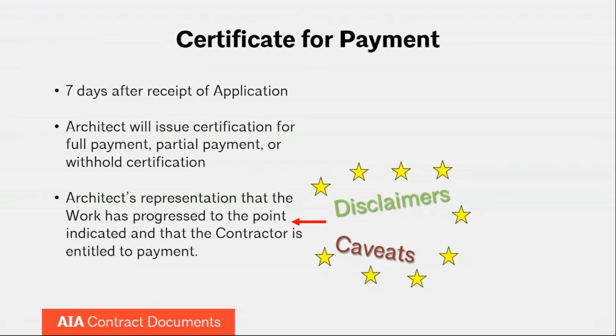For example, the architect's issuance of a certificate for payment is not a representation that the architect has made exhaustive or continuous on-site inspections to check for the quality or quantity of the work. This is based on the architect's best knowledge and belief that the work has progressed to the state indicated. So that is some protection for the owner, that they've at least had the architect involved in reviewing what's out on site when they make payment.